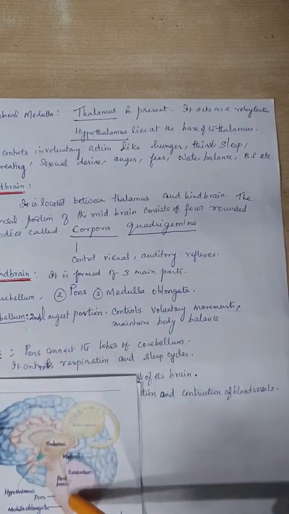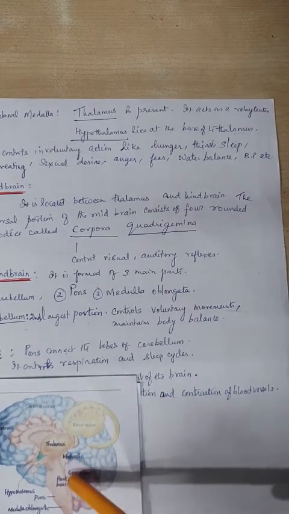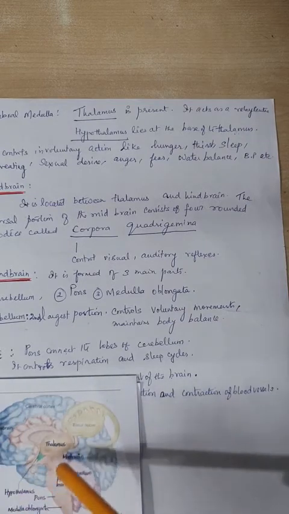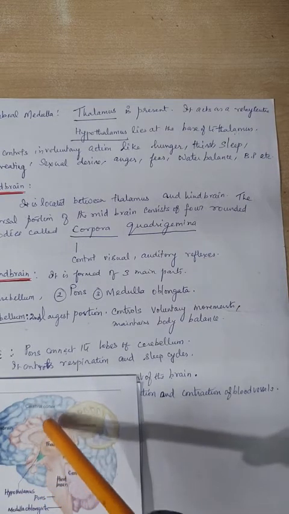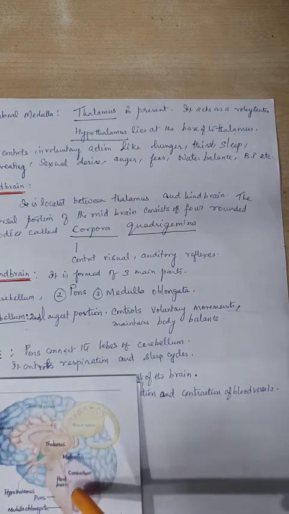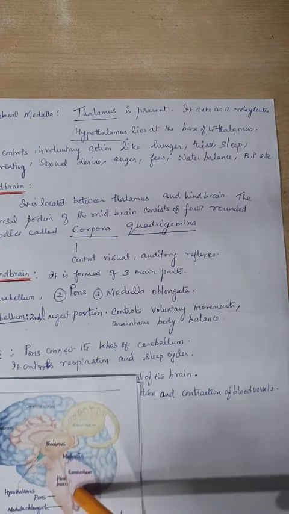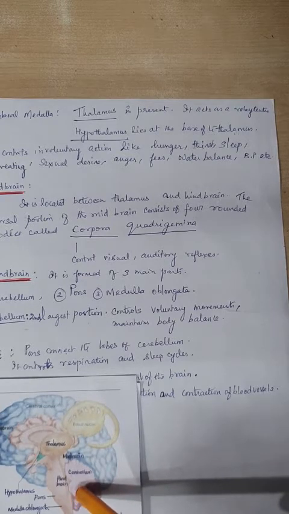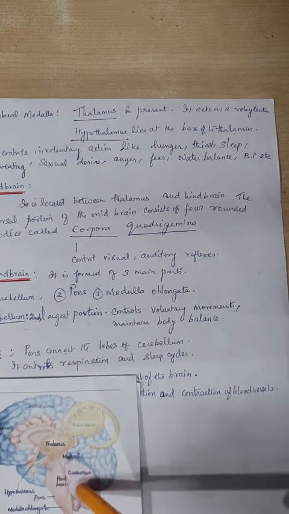Cerebellum. The cerebellum is the second largest portion of the brain. Which one is the first one? The first one is cerebrum. Okay, what is the function of this cerebellum? It controls voluntary movements and maintains body balance.